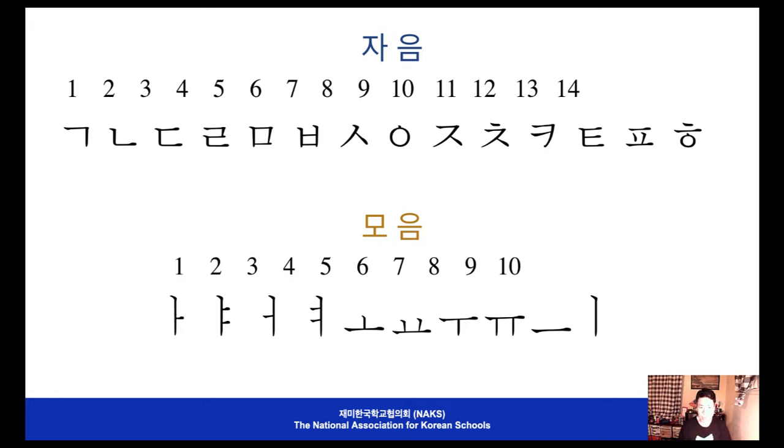Okay, number 1 through 10. 아, 야, 어, 여, 오, 요, 우, 유, 으, 이. 아, 야, 어, 여, 오, 요, 우, 유, 으, 이. Okay?